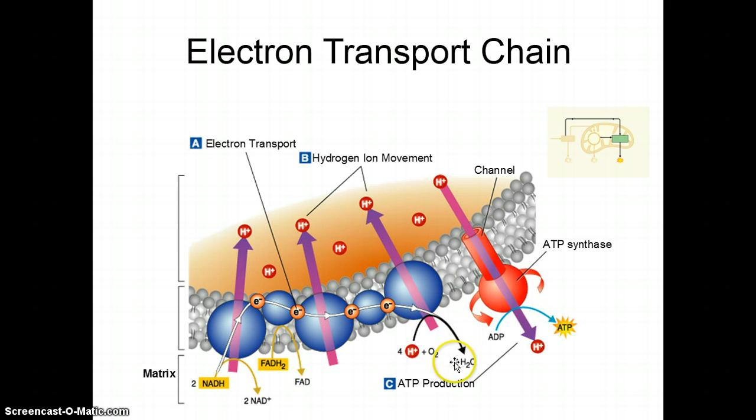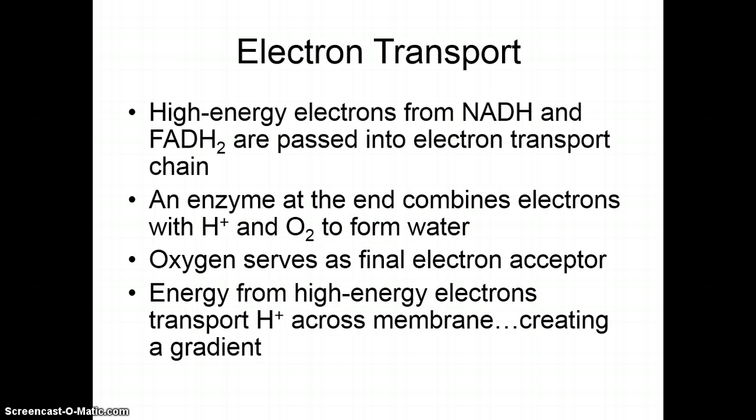So hydrogen ions will be pumping in and out across the membrane. They will again rotate the ATP synthase, and that is where ATP is generated, where the large production of ATP is. So high energy electrons are passed into the electron transport chain, and they came from the Krebs cycle.